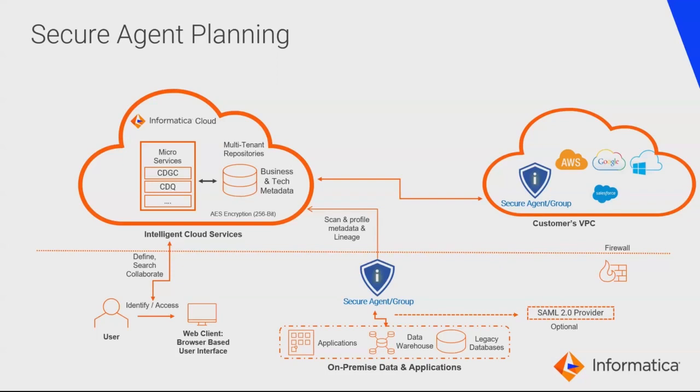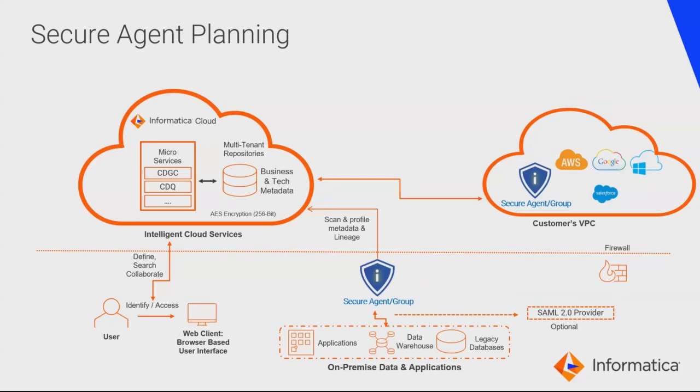Adding multiple agents to a group gives us the benefit of balancing the workload across machines. When the runtime environment is a Secure Agent group with multiple agents, the group dispatches tasks and background processes such as the metadata scans to the available agents in a round-robin fashion. This improves scalability for the connections and tasks.